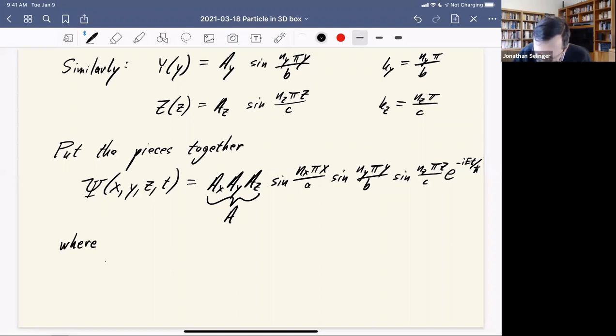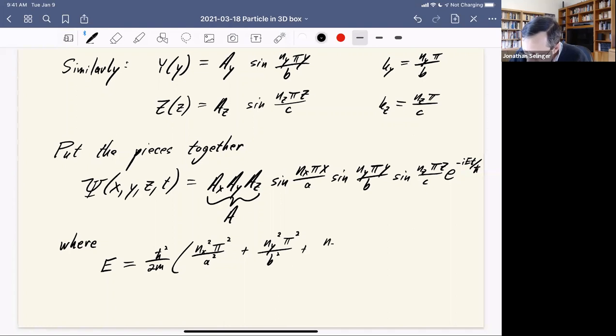So now that means E has to be h bar squared over 2m times n_x squared pi squared over a squared plus n_y squared pi squared over b squared plus n_z squared pi squared over c squared. Okay, so this is a solution, right?